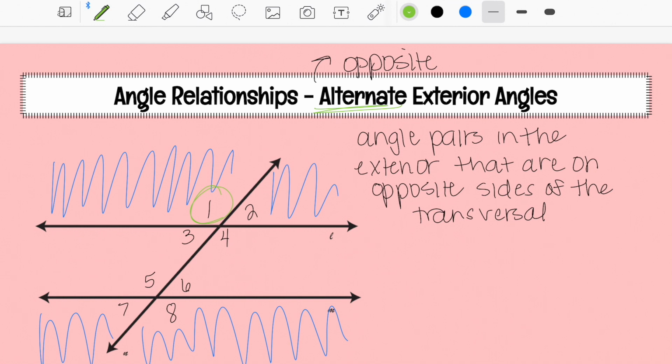So angle 1 is in the exterior, and angle 8 is on the opposite side of our transversal line, also in the exterior. So that would be angle 1 and angle 8, and then also angle 2 and angle 7.